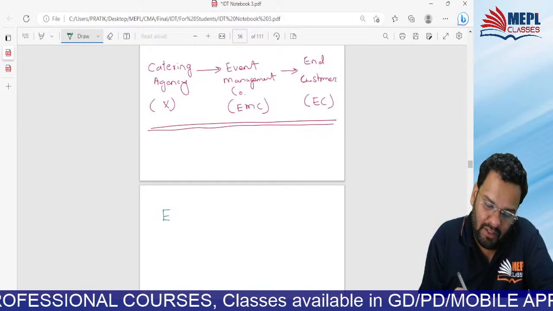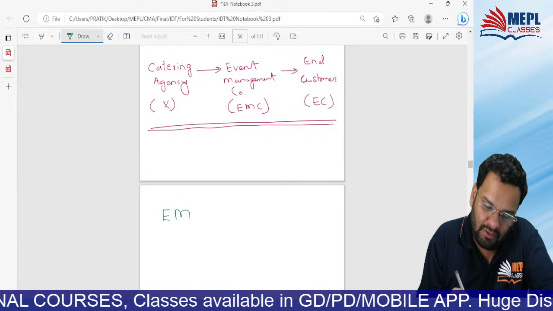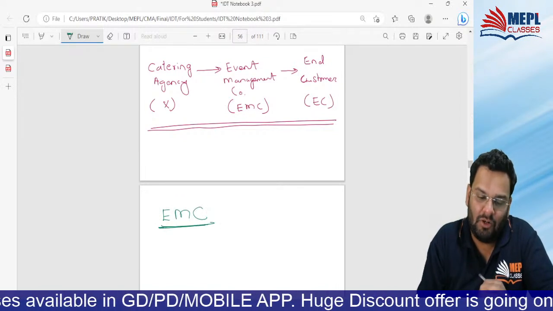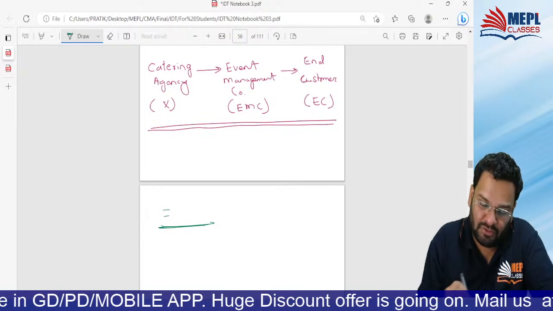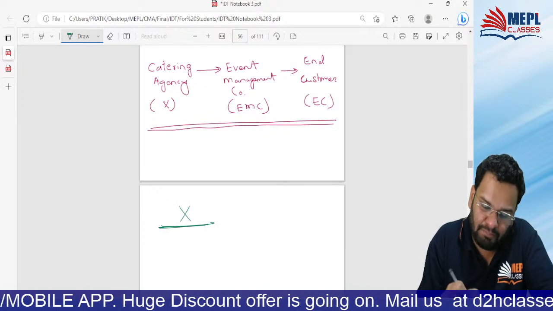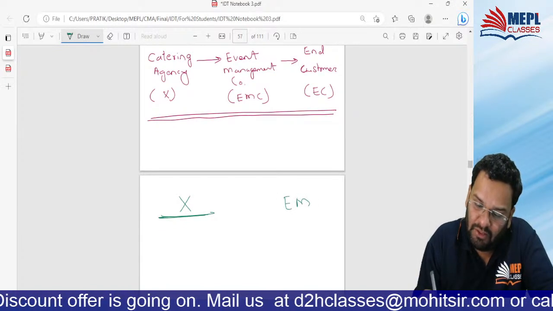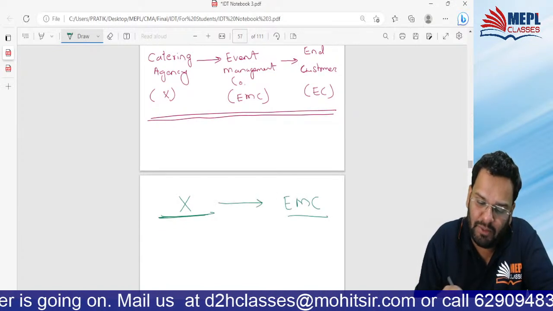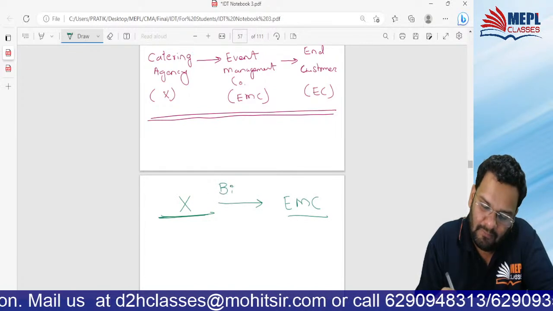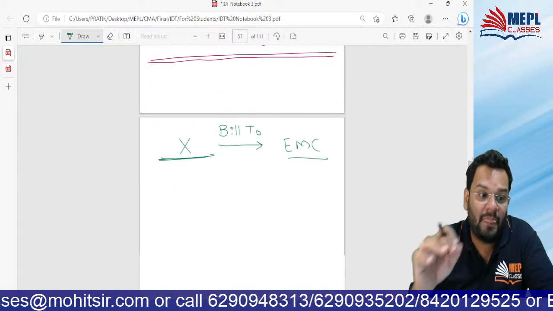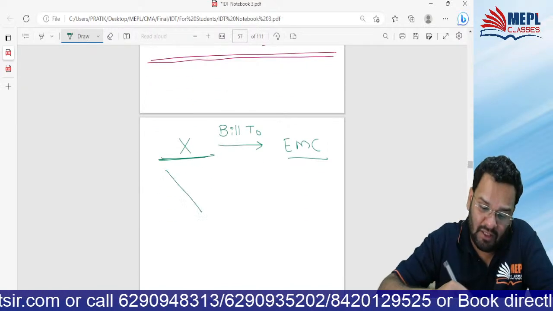If you keep the catering company here, the catering company will do billing on the event management company. But physically, to whom will they give service?